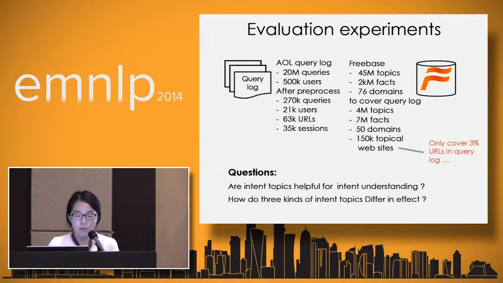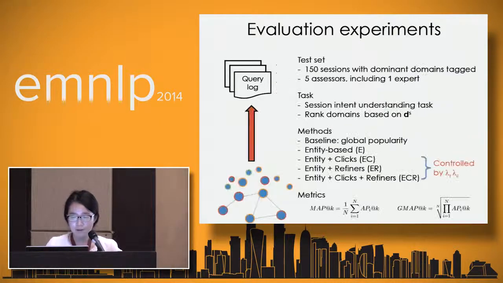So in evaluation, we try to answer two questions: are intent topics helpful, and how do the different kinds of intent topics differ in effect? Here we use an evaluation task called the session intent understanding task.